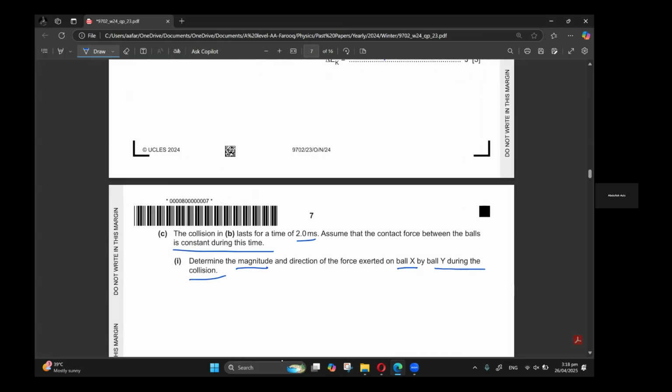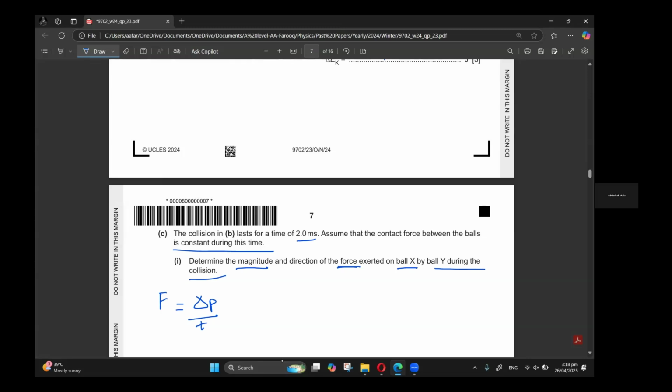So they're asking us to find the force, and we have mass, velocity, and time. The only equation we can use is resultant force equals change in momentum over time.